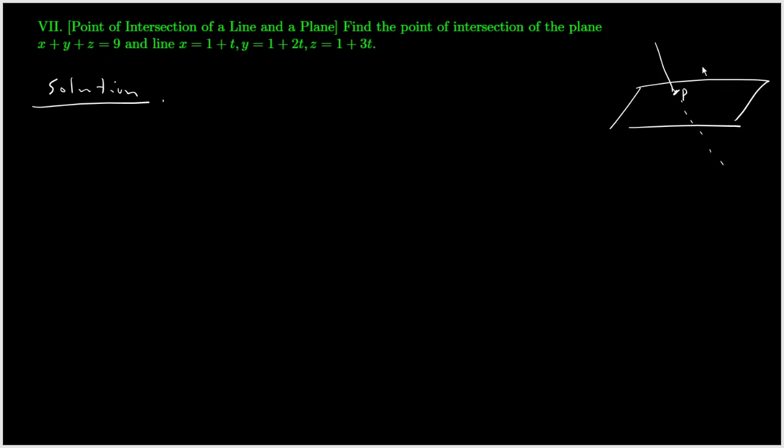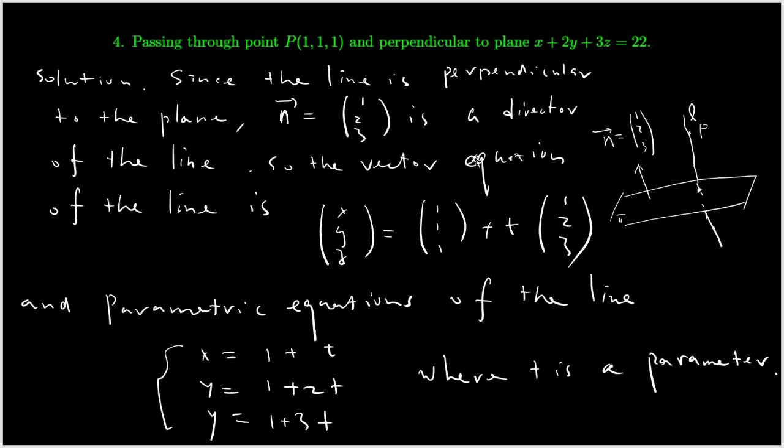Okay. Now the solution. I will try to write some wording to let you see what's going on. We plug x equals, let's say, 1 plus t, y equals 1 plus 2t, and z equals 1 plus 3t. I think that's the line we just found. Exactly the same line as the line in question 4.